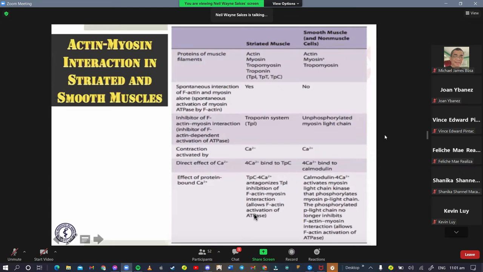So the effect of the protein-bound calcium in striated muscle is that troponin C antagonizes troponin I inhibition of the F-actin myosin interaction.